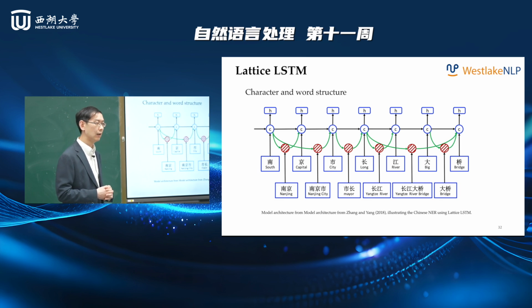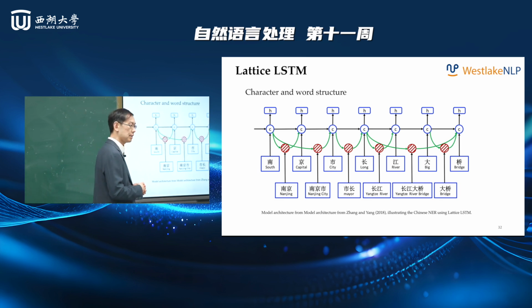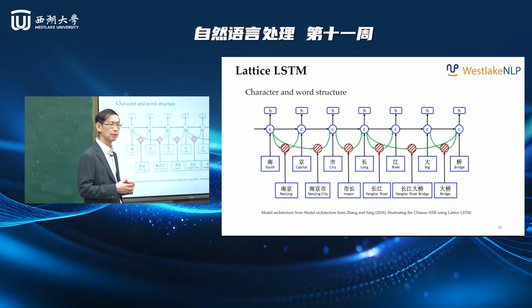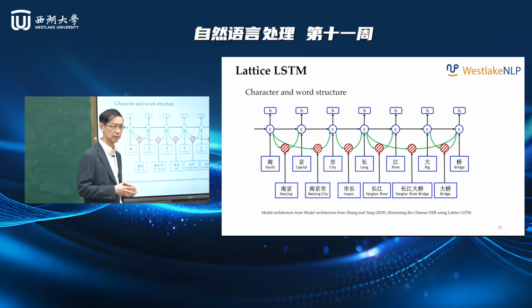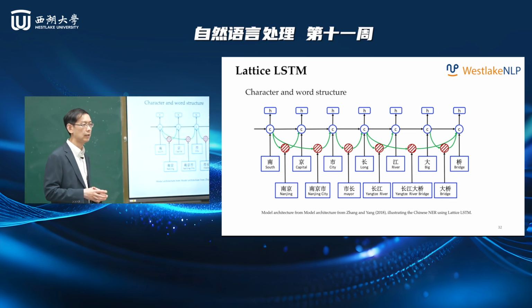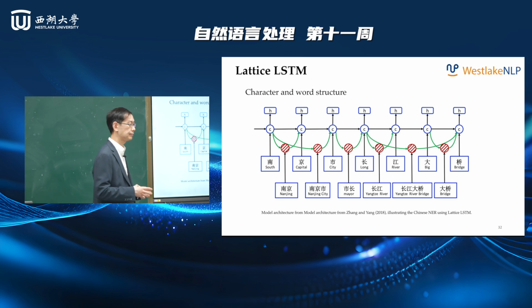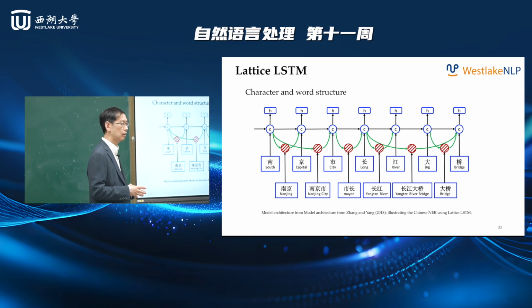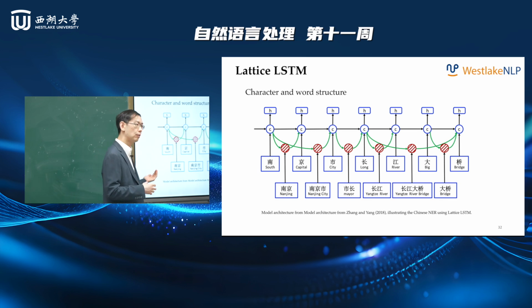But if you do word segmentation and represent the Chinese sentence as a word sequence, then you have a problem. If your segmenter makes errors, then your representation will suffer from incorrect words. This is called error propagation. In chapter 11, we discussed that, but unfortunately, I didn't have time to show you in class. But last week, we learned neural representations, right? So with a neural model, we can just represent the character sequence.